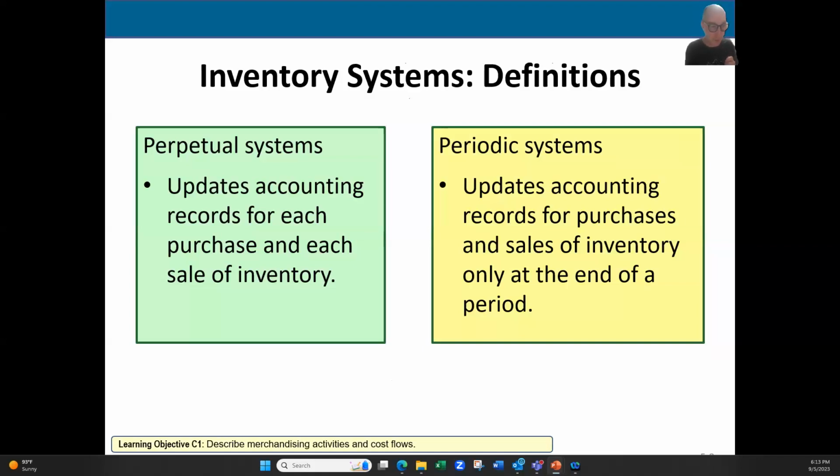The best example I can give you of this type of system is the barcode. When you go to the checkout counter, you scan the little barcode on the ticket, on the label. The second that barcode is scanned, it automatically takes what you're purchasing out of their inventory. It automatically updates.